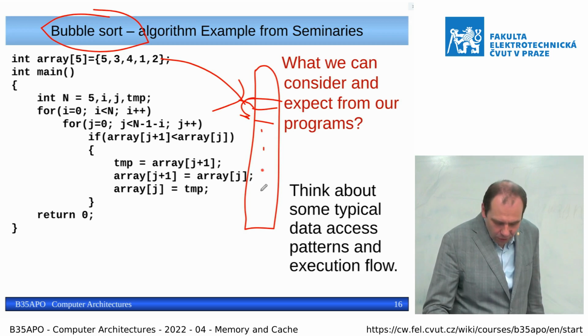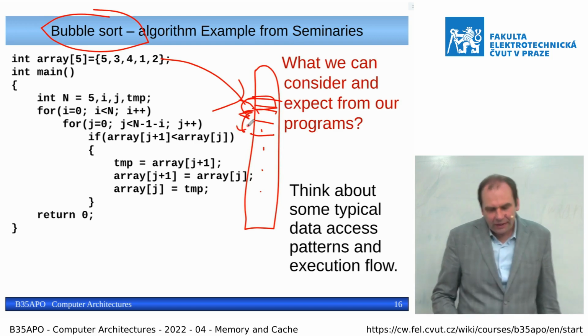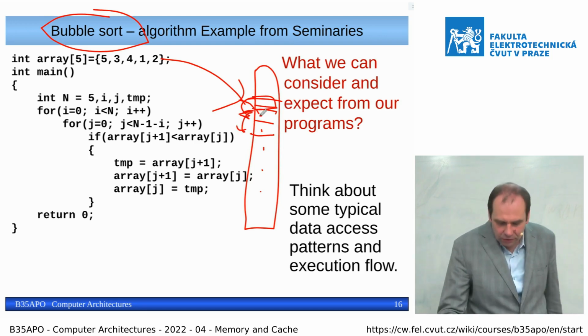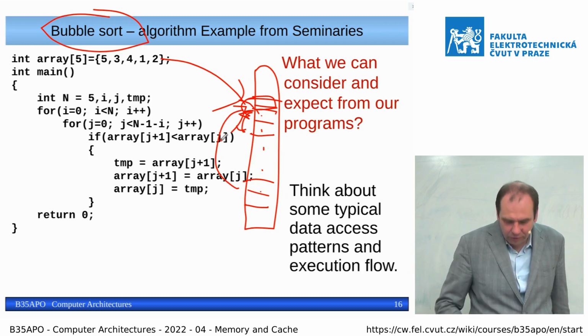And we go forward and forward. So basically first we check those two, then we move and check again those two. So we reuse the values which are neighbors. And after some time we get to the end and start again from the beginning.